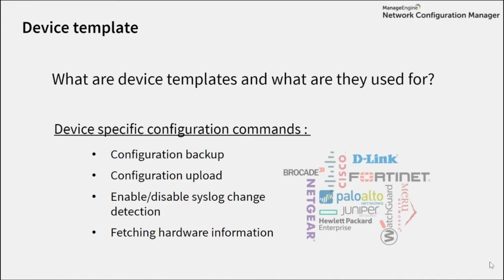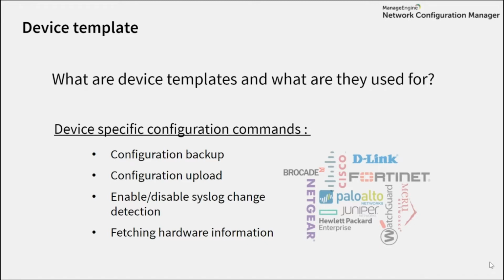This is very important because the commands for a Brocade device, a Fortinet device or a Juniper device would differ, and it becomes really cumbersome for a network admin or network operator to remember all the commands for all of these vendors. With Network Configuration Manager, that hassle is completely removed, and you can simply associate all of those devices according to their vendor to a device template and start managing them instantly.